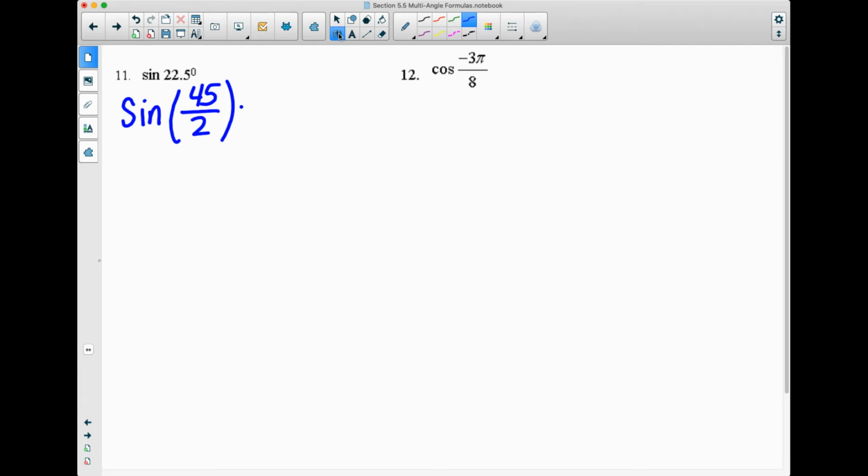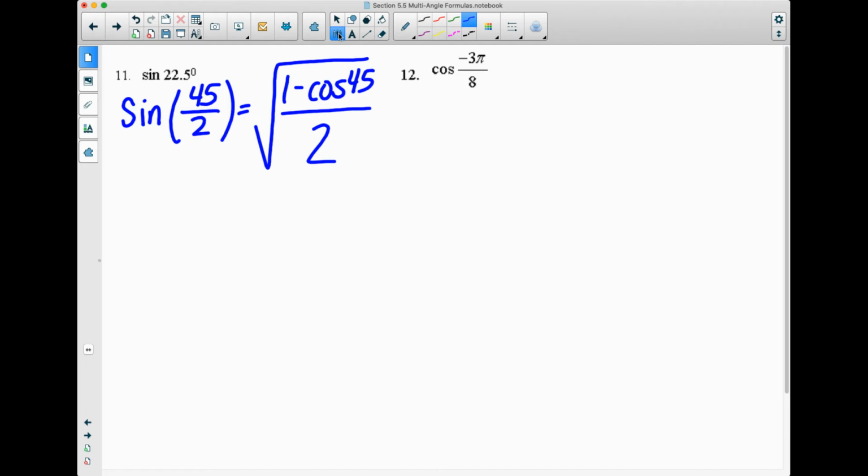Okay? So we have the square root of 1 minus cosine of 45 divided by 2. Again, setting things up is huge on this test. I at least know that you know how to set it up.